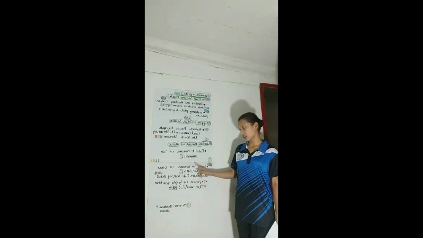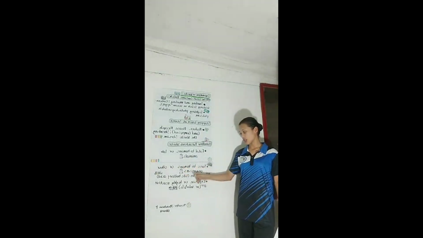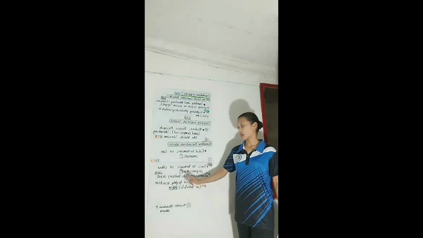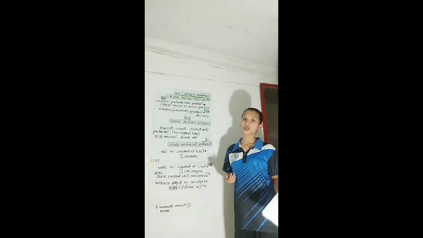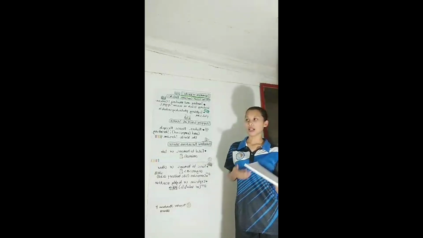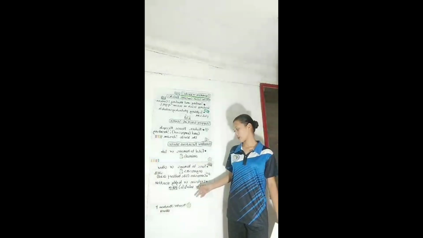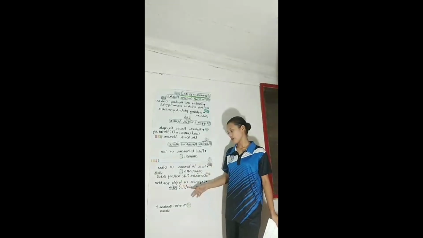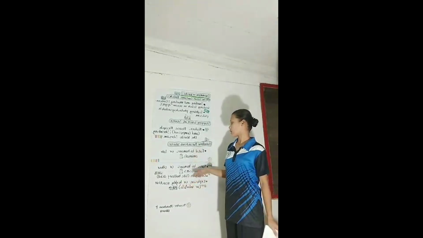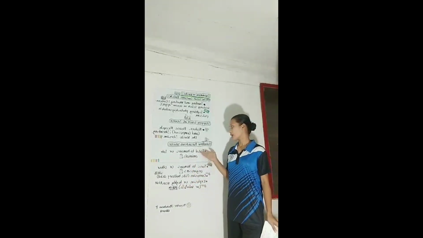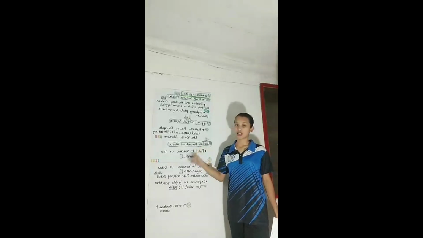And next is toxic to humans or other organisms. Like corrosive, like bacteria, acid. So, it is harmful especially to humans. And explosive or highly reactive or volatile. So, these are the types that are harmful, or it is a hazardous waste.